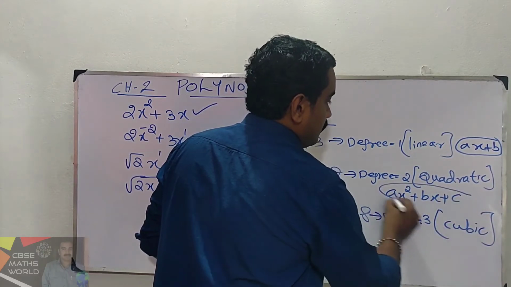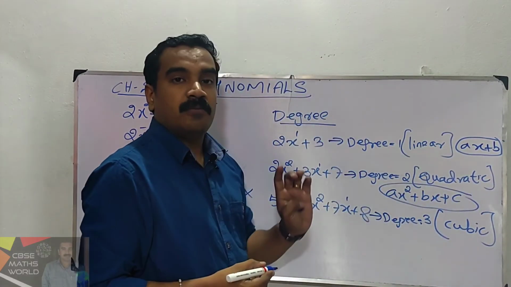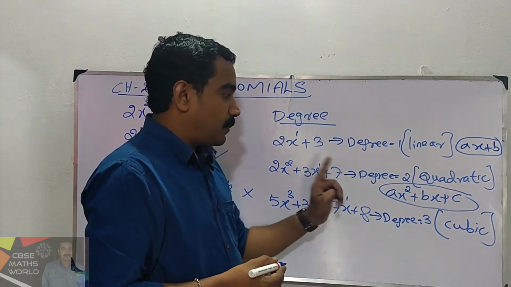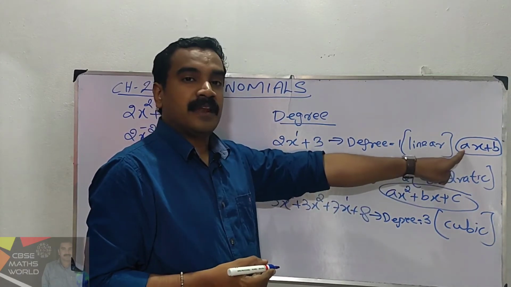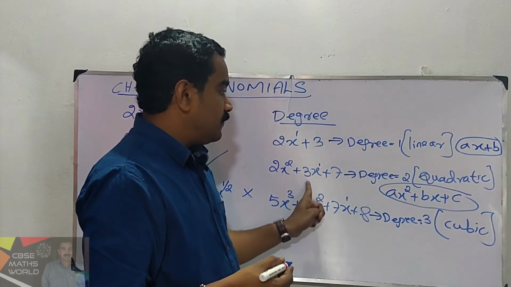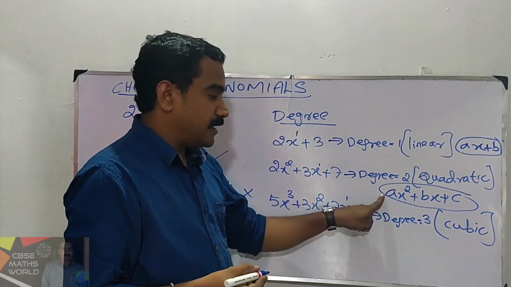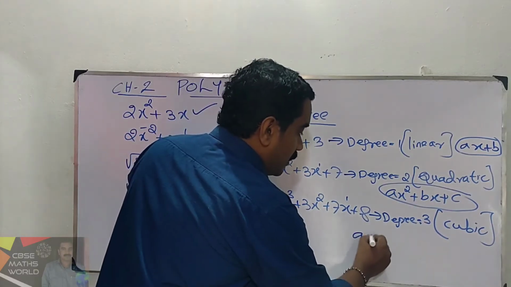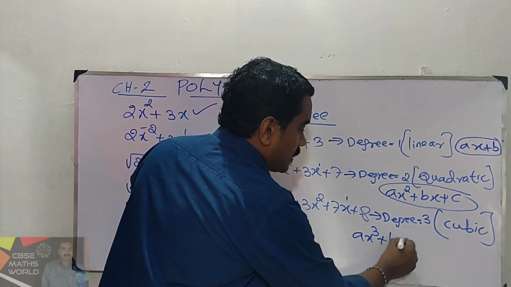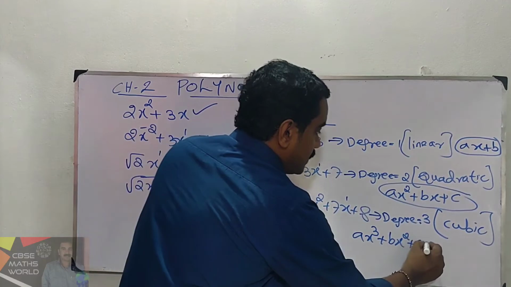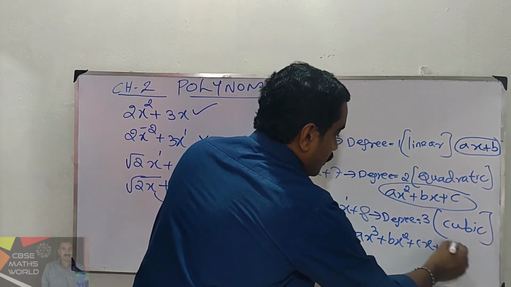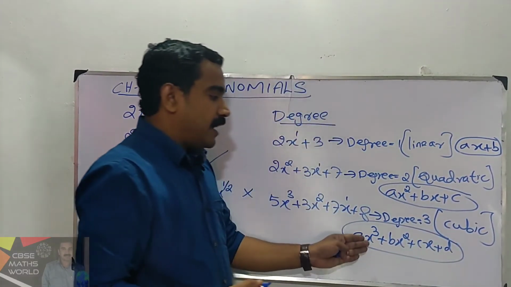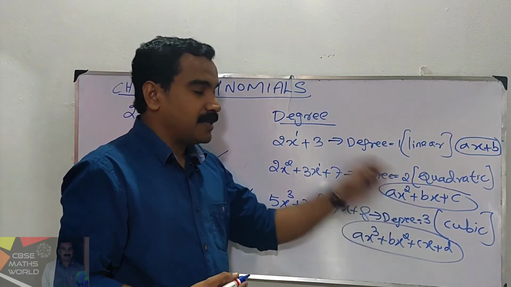Once again, if it is linear, the general formula is ax plus b. If it is quadratic, it is ax square plus bx plus c. If it is cubic, the general formula is ax cube plus bx square plus cx plus d.